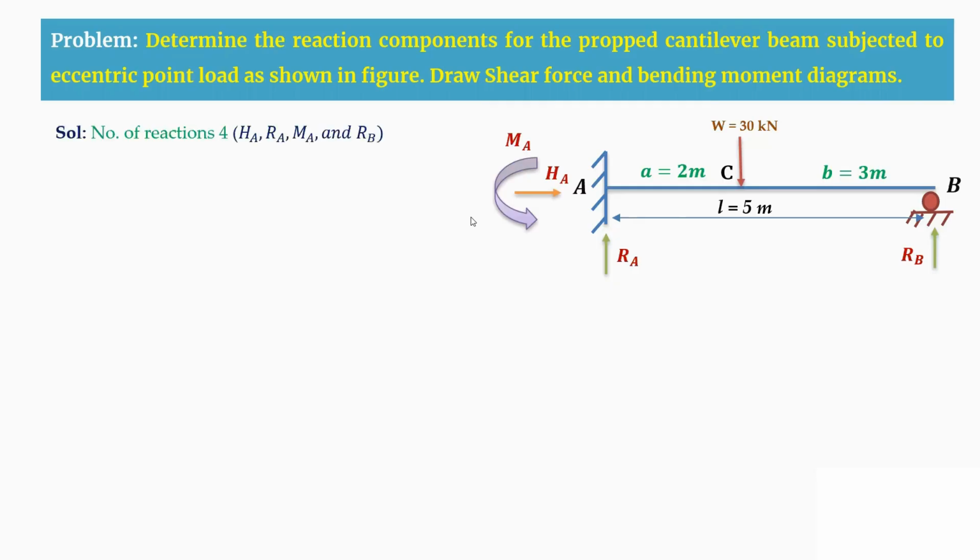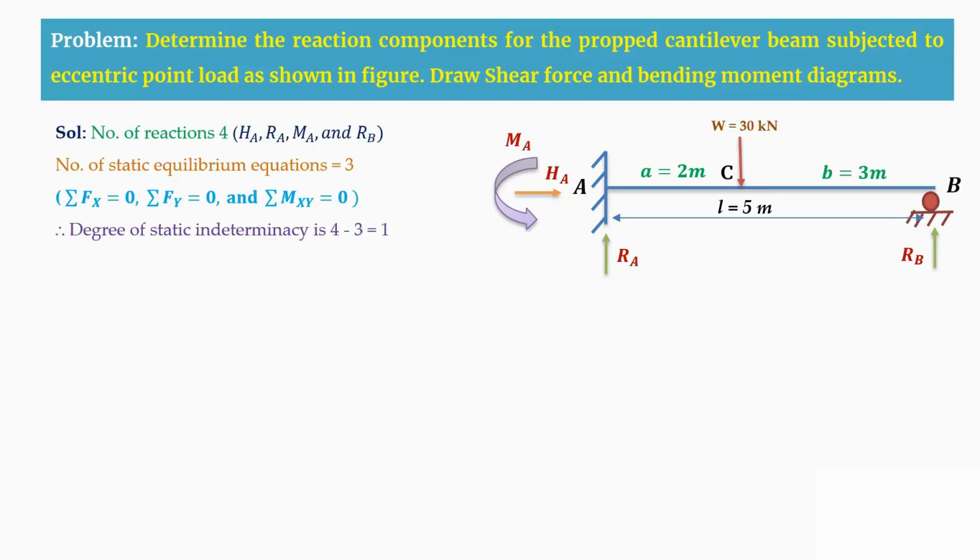Therefore, the total reactions here are 4, and the number of static equilibrium equations is 3 for 2 dimensions: sigma Fx = 0, sigma Fy = 0, and moment about the xy plane is 0. Therefore, the degree of static indeterminacy equals the number of reactions minus the number of static equilibrium equations, which is equal to 1.